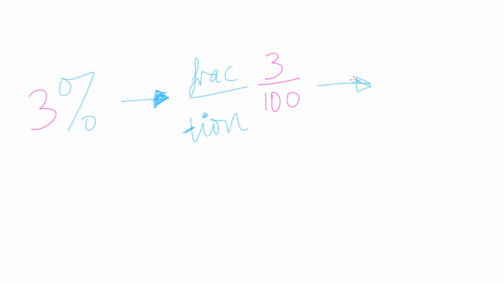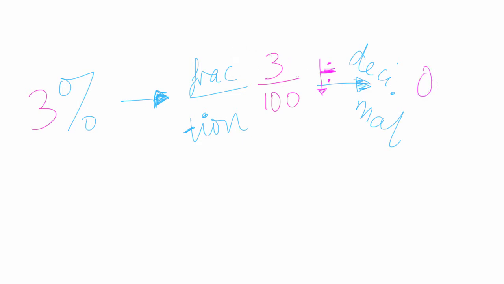And then we go from there to a decimal, which we work out by reading down as division. Put this on your cheat sheet, you're going to need it. When you divide by 100, you move the decimal point twice.